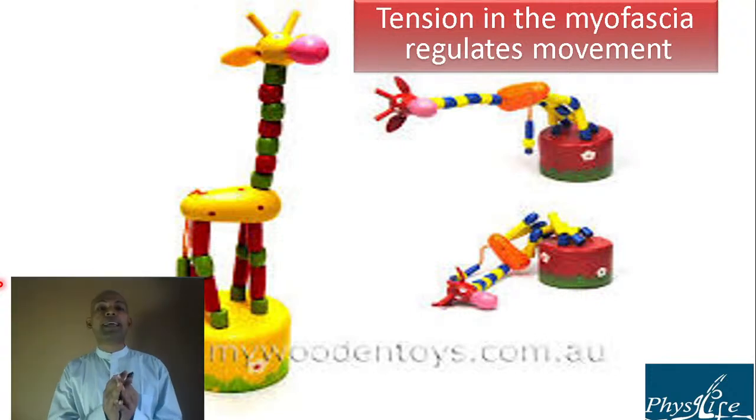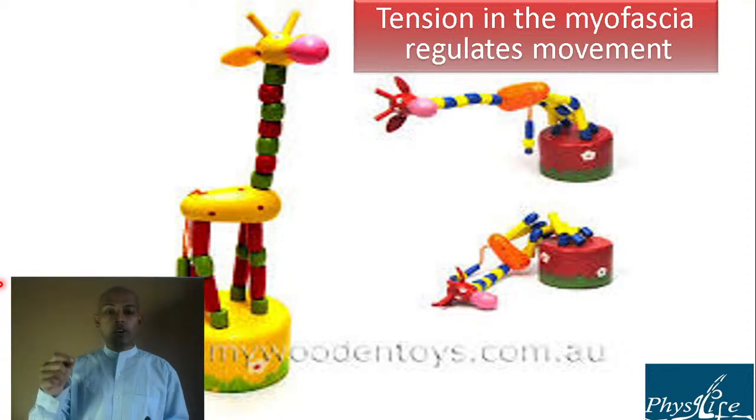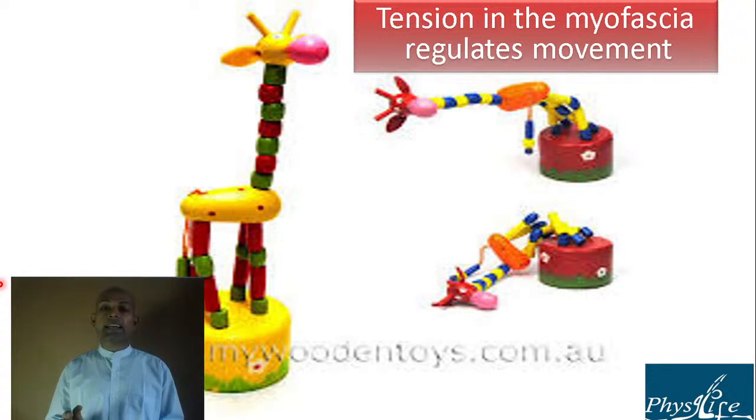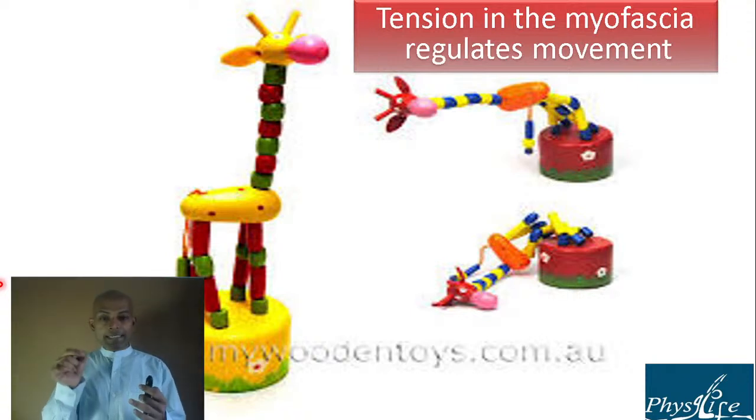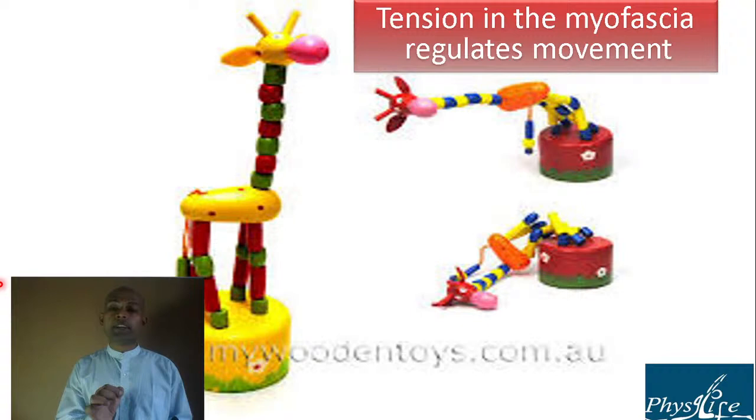We all must have played with this kind of toy where the whole toy is held together by a tightened string, and as you change the direction of the string by pushing certain buttons, the tension changes and the zebra, or whatever the toy is, starts to move. And our movement also happens in the same way. Once I change the tension in my myofascia, movement happens. So tension in the myofascia regulates both posture as well as movement.